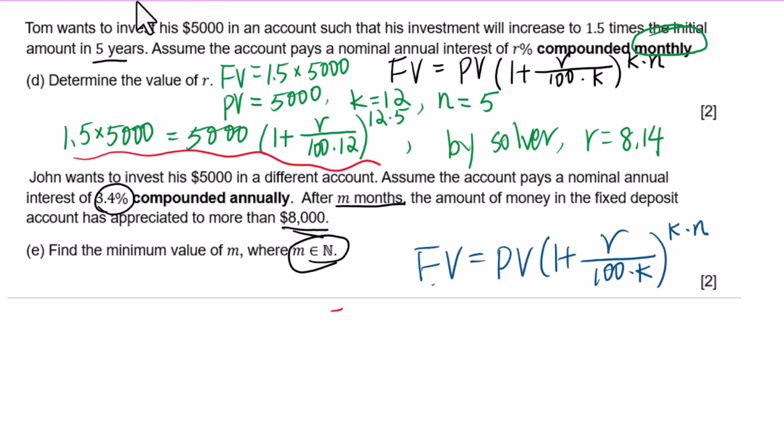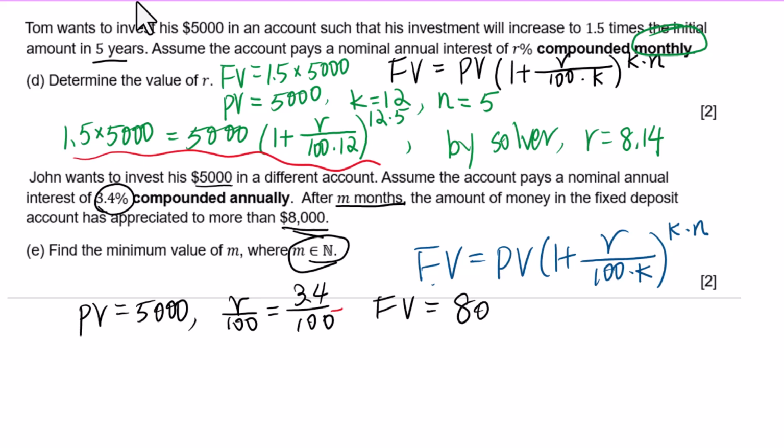Based on the given information, $5,000 is the present value. 3.4% is the interest rate, 3.4 over 100. Future value is $8,000. Remember this N is the number of years. So you have to change this M month into years.